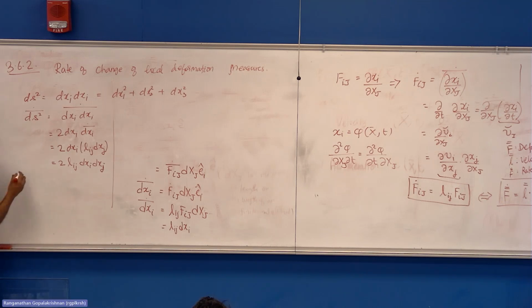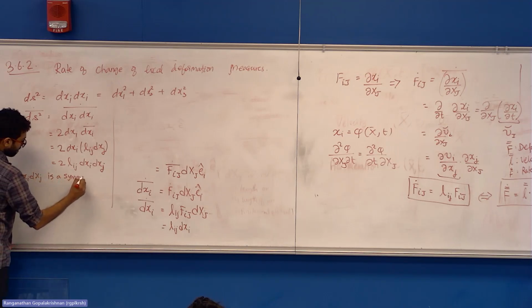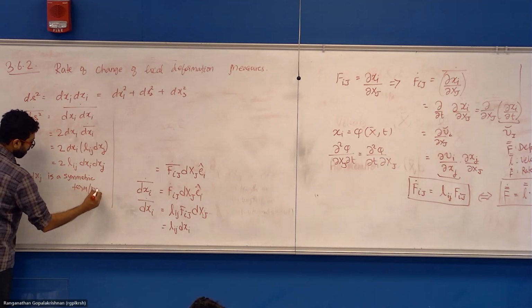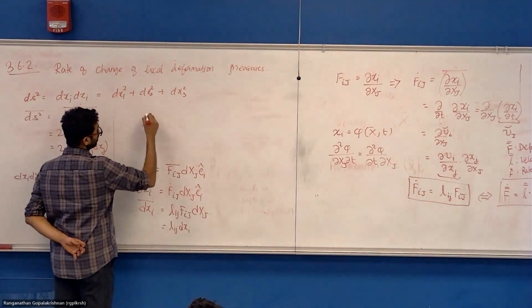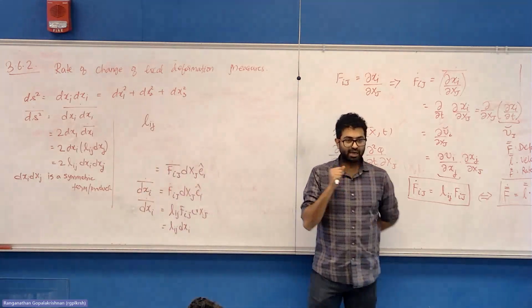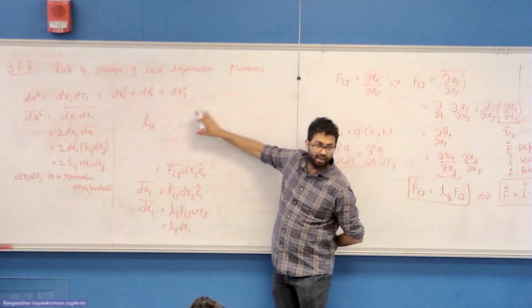So an observation to make here is that dx_i dx_j is a symmetric term or product. That is, if you swap i and j, the total sum does not change. What do we know about any tensor? It can be represented as the sum of a symmetric part and an anti-symmetric part.